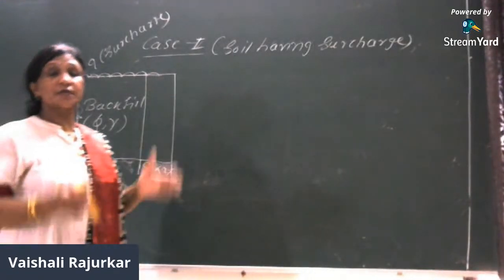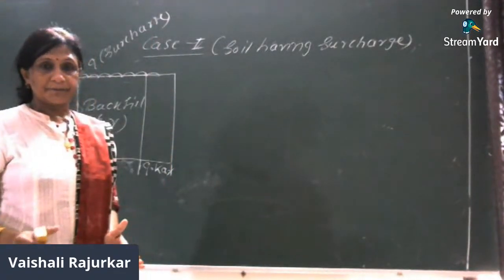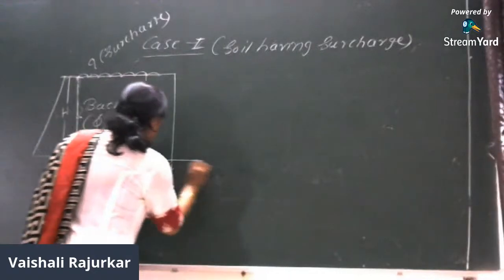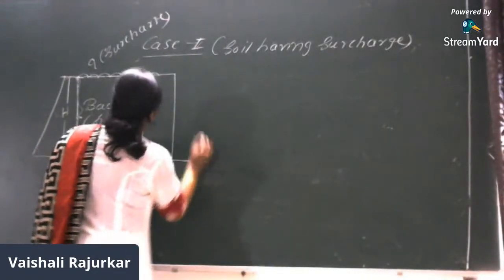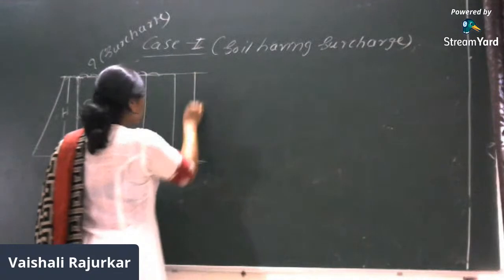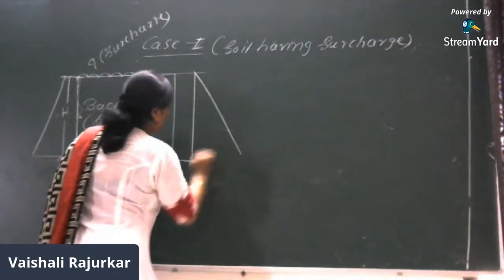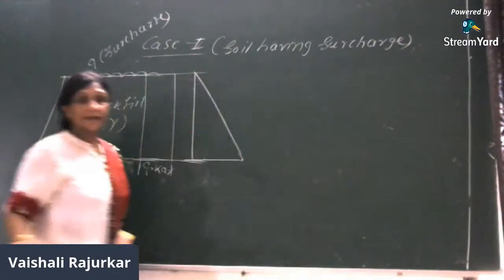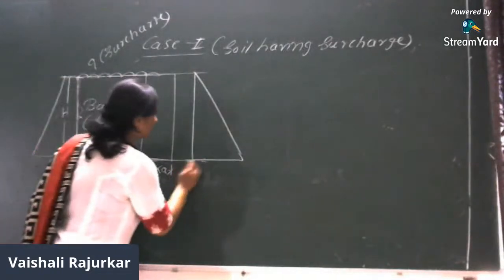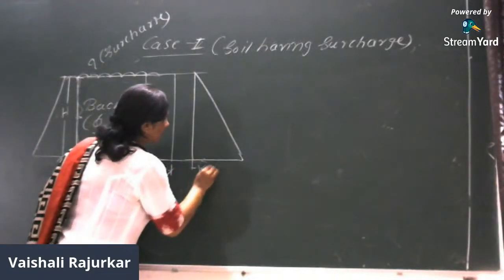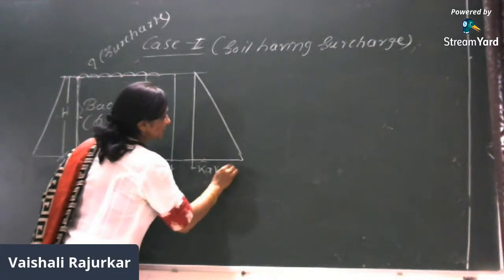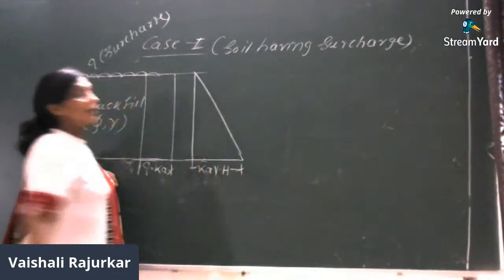Therefore, the pressure distribution diagram is rectangular. Then the other pressure distribution diagram is due to the backfill zone. Again, it will be 0 at the top and maximum at the bottom, and the bottom intensity will be Ka into gamma into H.